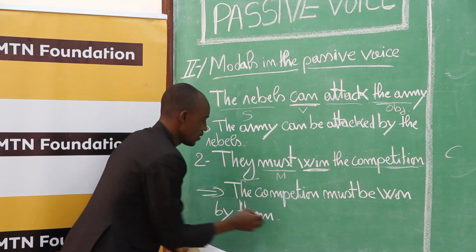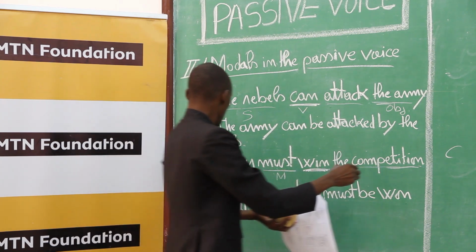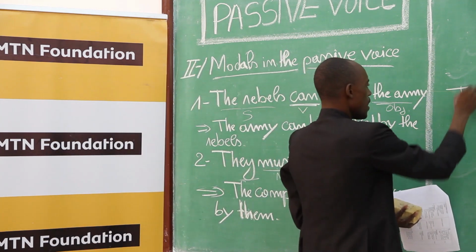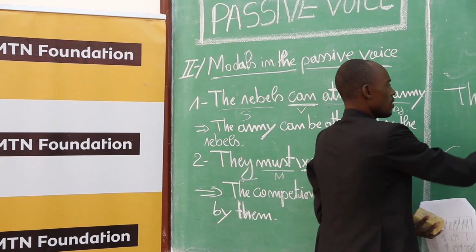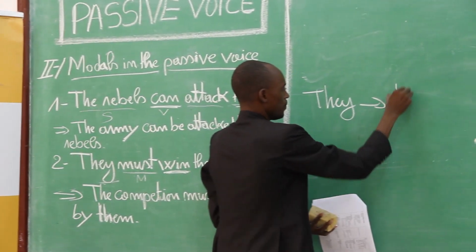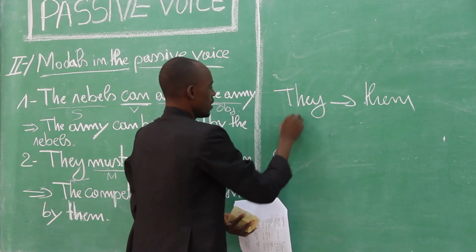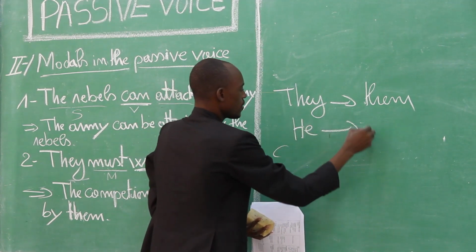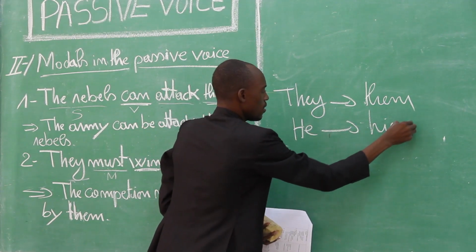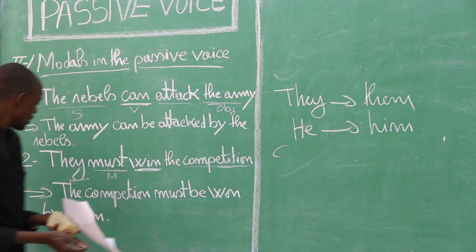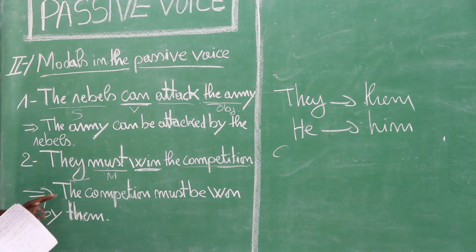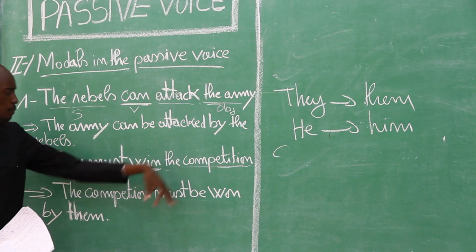Okay, good. Now in passive voice, they becomes them, as we also have he becomes him. Now we have: they must win the competitions.